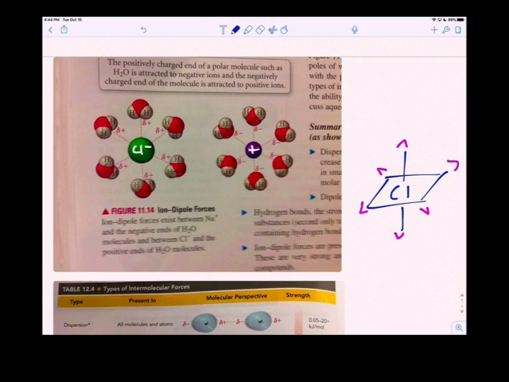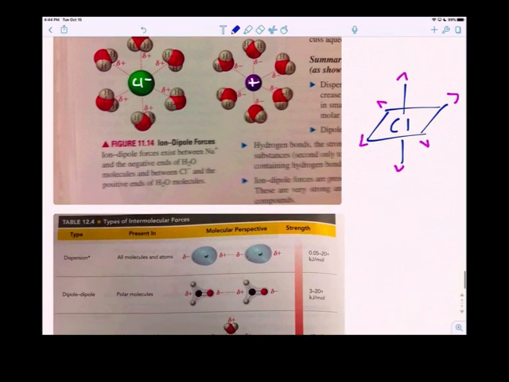Also, if you remember solubility rules, it's the big ions and the ones that have small charges that are typically soluble in water. But here you go, here are the ion-dipole forces, and these are the strongest.